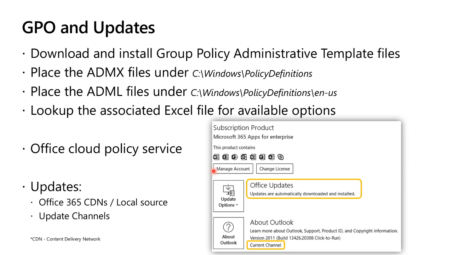GPMC, that is Group Policy Management Console, allows you to create a GPO that defines registry-based policies, security options, software installations, maintenance options, script options, and folder redirection options. So you can download and install the group policy administrative templates. You can directly find the links to download this.